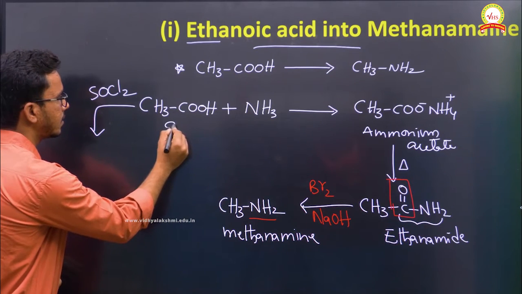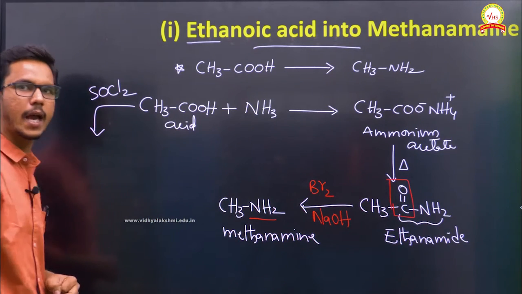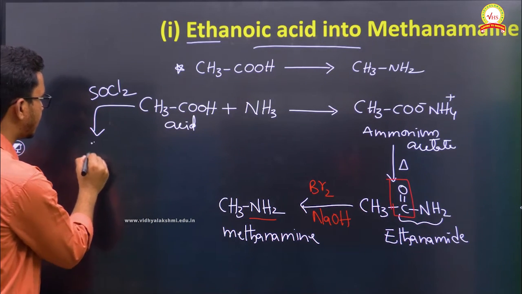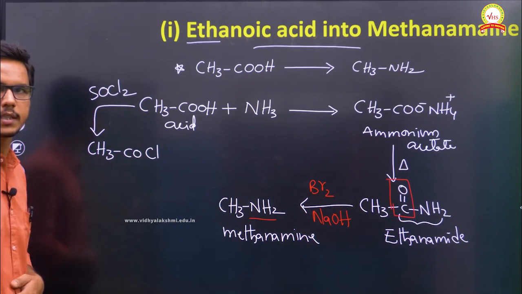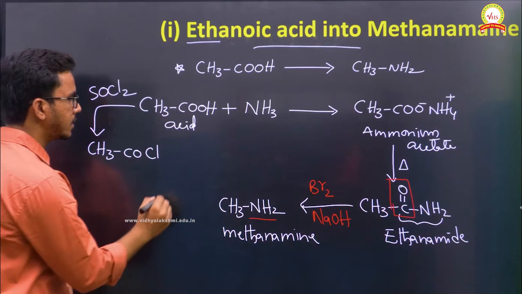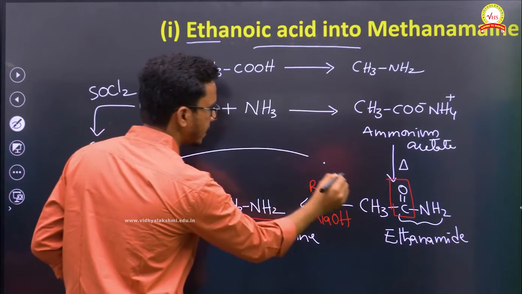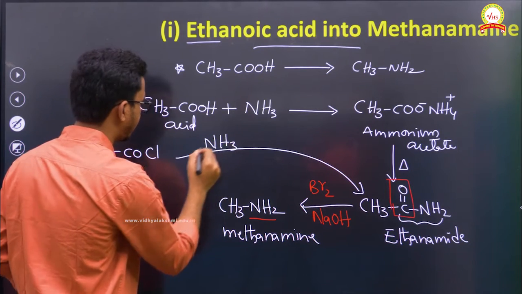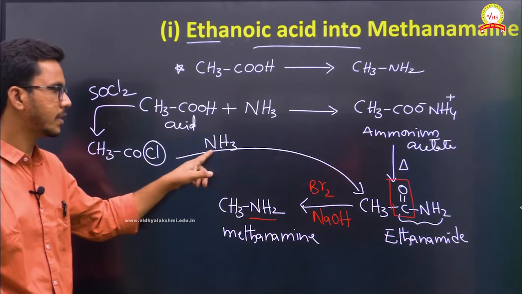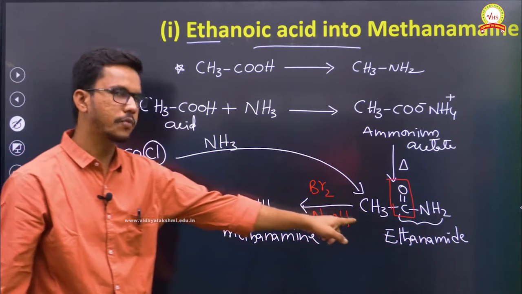Since it is a carboxylic acid, the acid halide will be formed, that is CH3COCl. This CH3COCl on reaction with NH3, the chlorine group will be replaced with the NH2 group and formation of amide takes place.